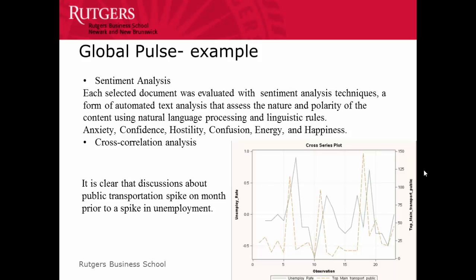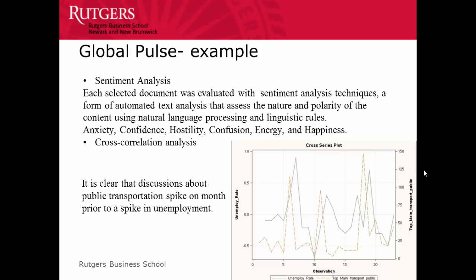Well, this sounds complicated, but the basic idea is very simple. We have some publicly available dictionaries that can classify words into positive and negative. So by using such a dictionary, you can give any document a sentiment score.